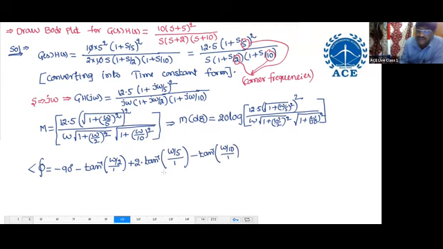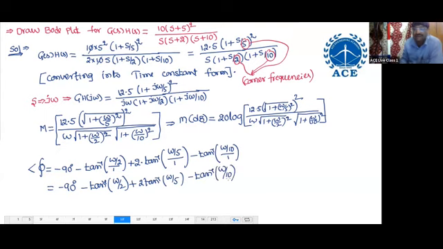So the phase is minus 90 minus tan inverse of omega by 2 plus 2 tan inverse of omega by 5 minus tan inverse of omega by 10. If they ask the phase at some frequency like omega equals 10, substitute 10 and calculate. Like this you write the magnitude and phase, and if a frequency is mentioned, substitute that value to get the magnitude and phase at that frequency.